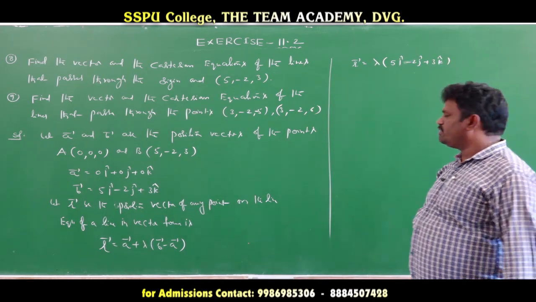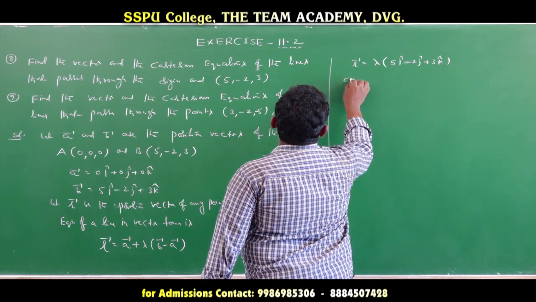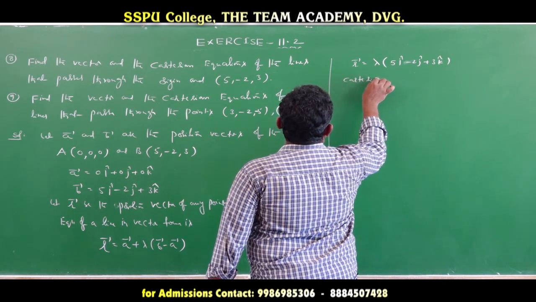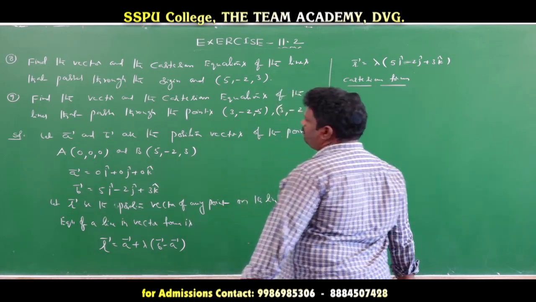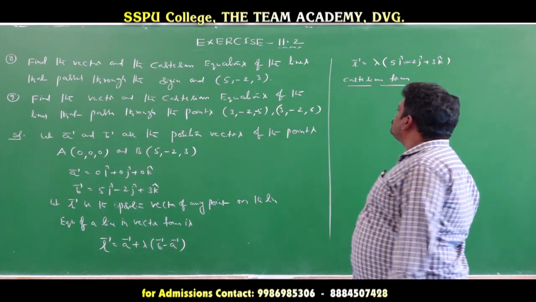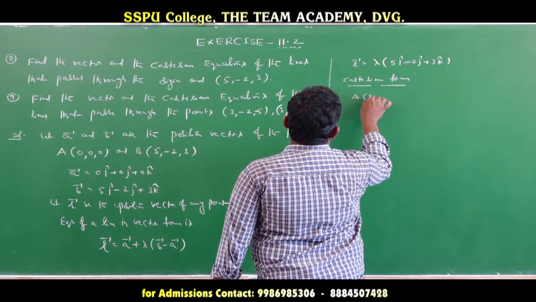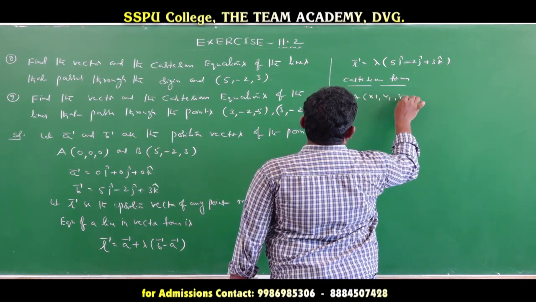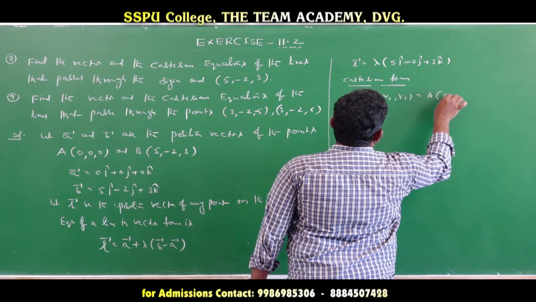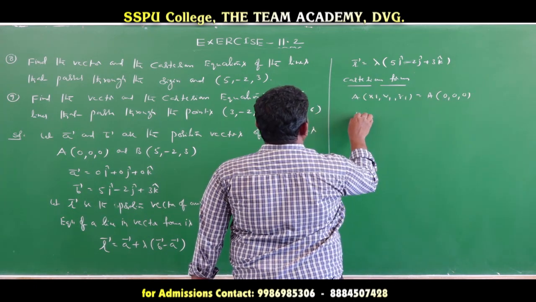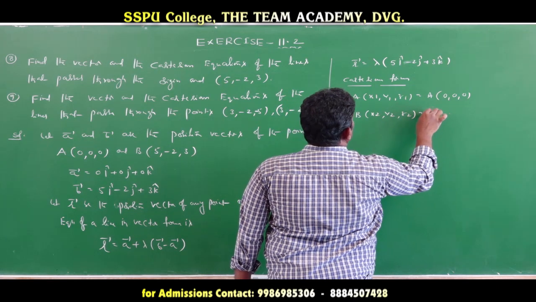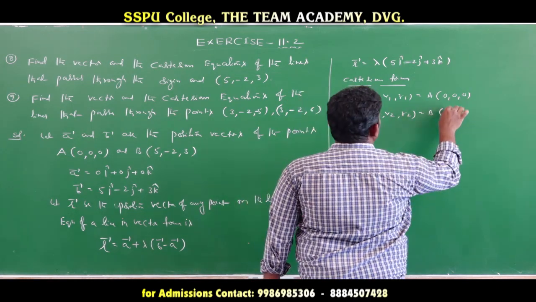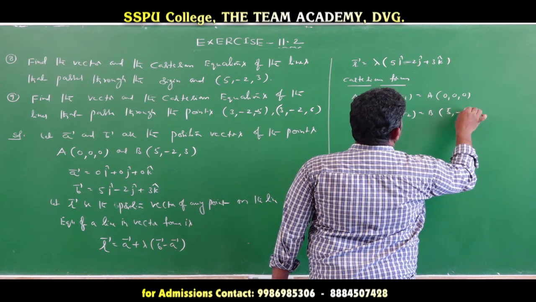Next, Cartesian form. How to write in Cartesian form? The points are already given. So A of x1 comma y1 comma z1 is equal to A of 0 comma 0 comma 0, and B of x2 comma y2 comma z2 is equal to B of 5 comma minus 2 comma 3.